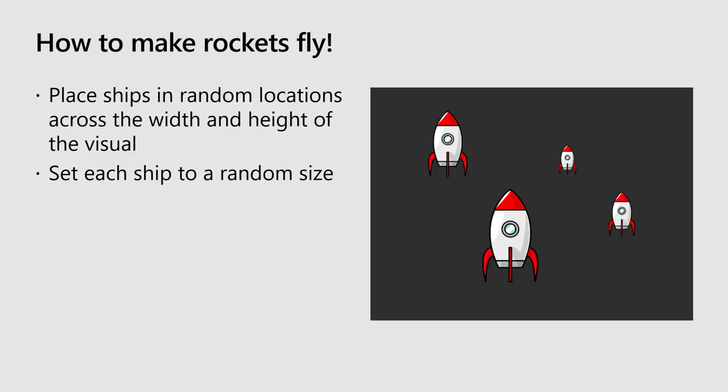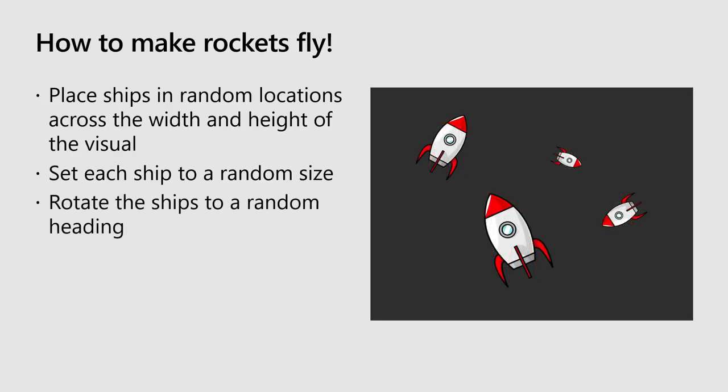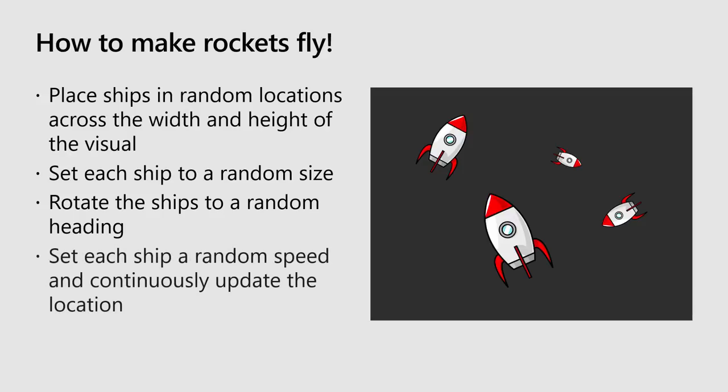We're going to set each of those ships to a random size. We're going to rotate those images so they're all pointing in random directions. And then we're going to allocate each of those rocket ships a random speed. And then we're going to continually update the location of those rocket ships to make them move.